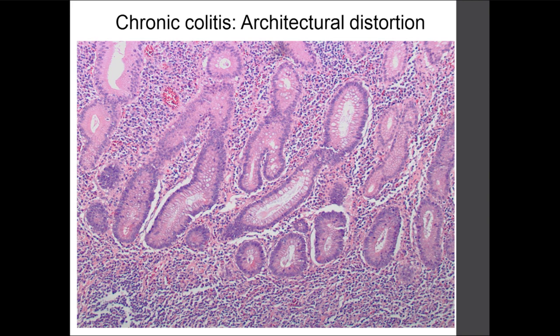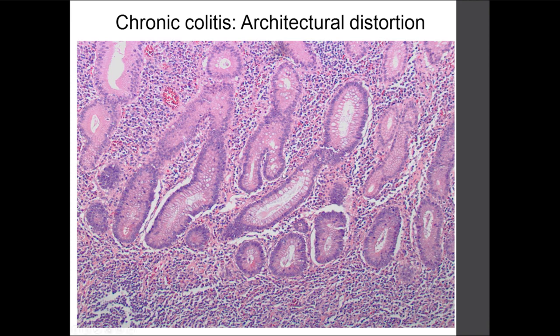From time to time, we'll see cases diagnosed as chronic non-specific colitis. My impression is this, they are referring to the inflammatory infiltrating the lamina propria, but I discourage that terminology because I think it's less specific of this diagnosis of chronic colitis, and I think it gets clinicians confused.